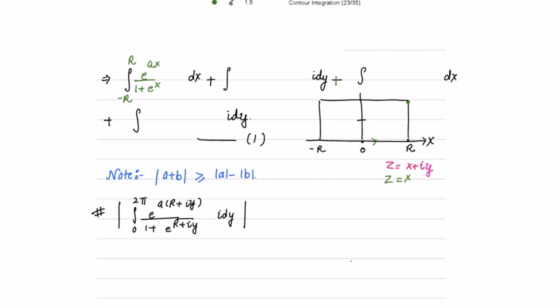Then integrating along this line where y is varying, so z becomes, what is x? x is constant, which is positive R, and y is varying, right?